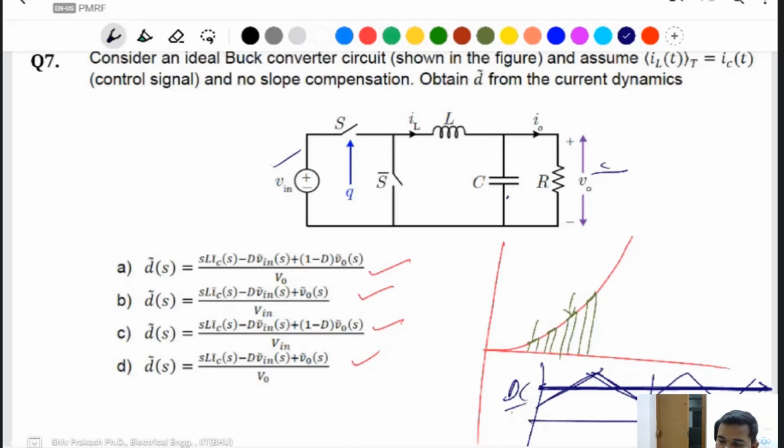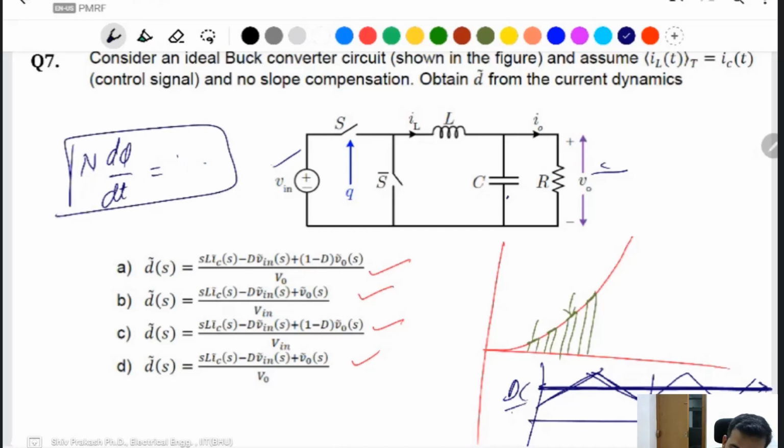You can't give a constant input voltage to an inductor. You should change the voltage of the inductor to change the flux. Flux depends on the voltage: d phi by dt is equal to the voltage.